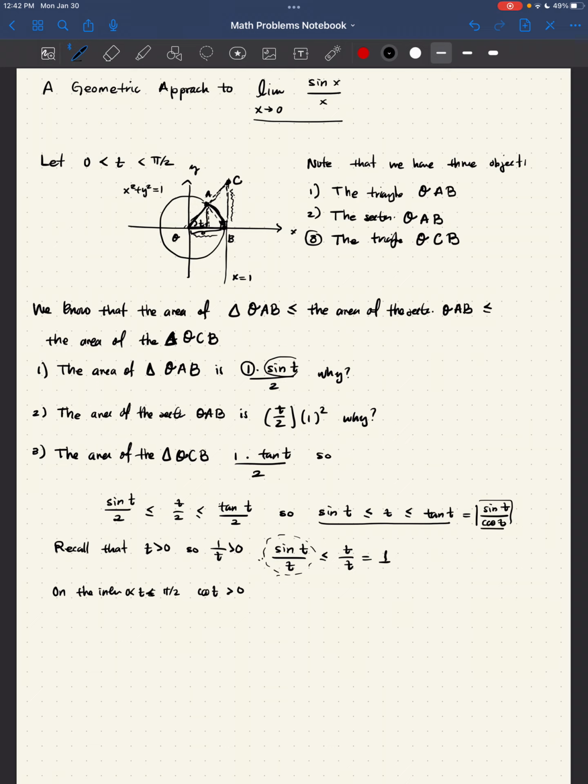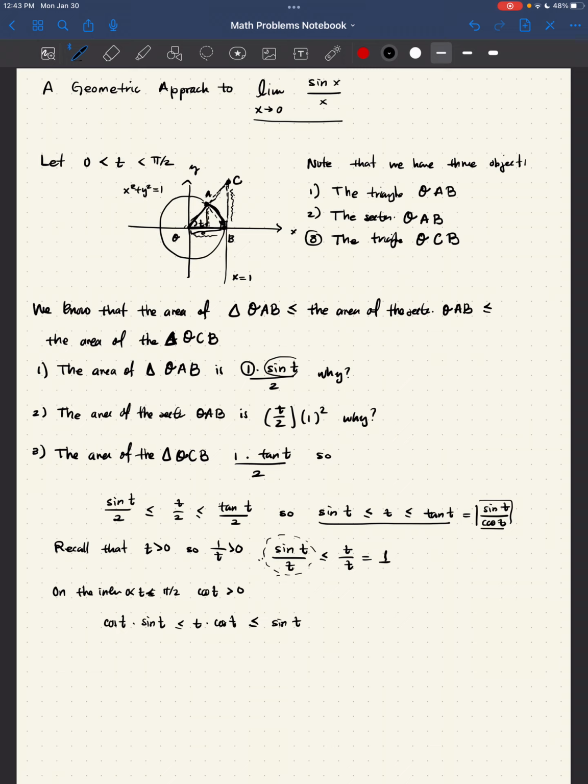Cosine of t times sine of t is less than or equal than t times cosine of t, which in turn is less than or equal than sine of t. One more time, we're going to multiply by the reciprocal of t, which is 1 over t.